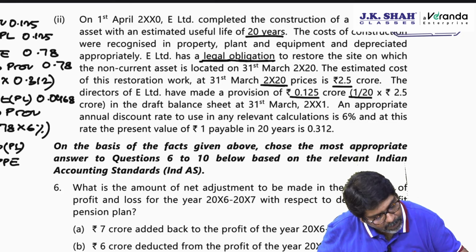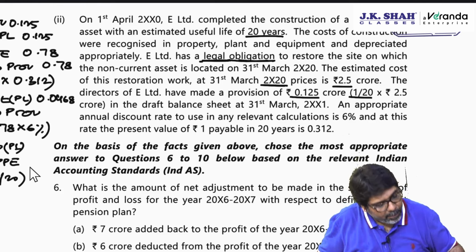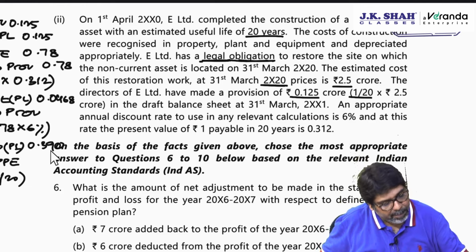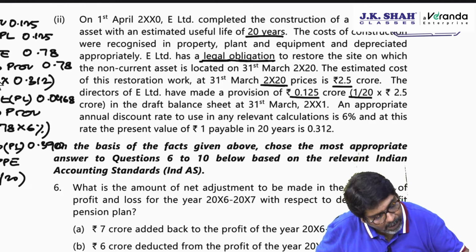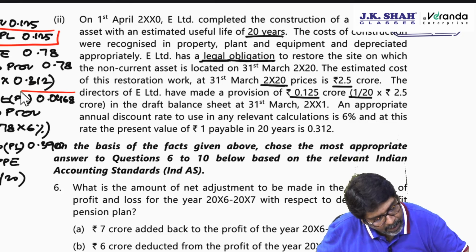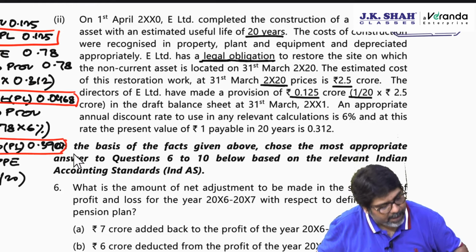How much? 0.78 divided by 20 years, which is 0.039. So PL is credited, and PL is debited.